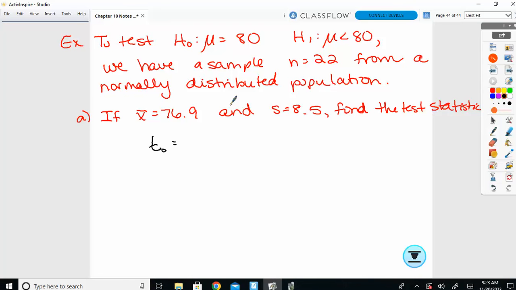Under chapter 10, it's the second bullet there. It tells you that T is X bar, so 76.9, minus mu, which is 80, divided by S, so 8.5, over the square root of n. If you type it in like this, just make sure you put parentheses around the top and parentheses around the bottom.